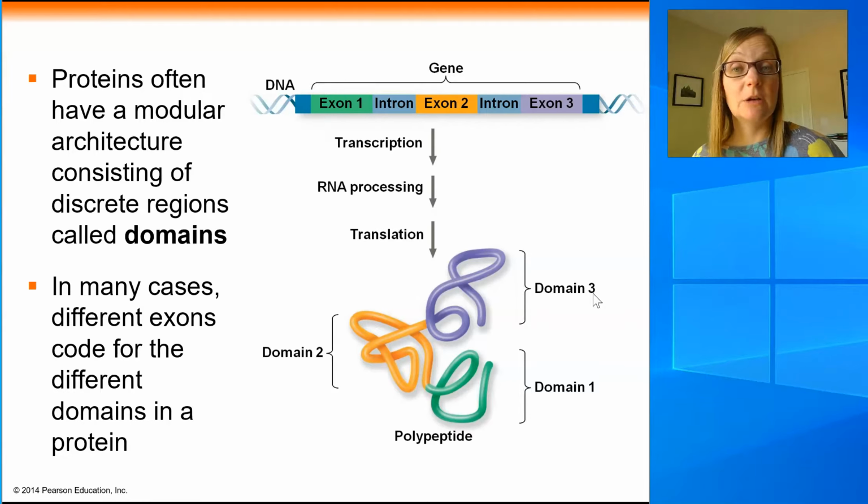What the cell can do is go through alternative splicing, and instead of keeping exon 1, 2, and 3 when it splices its RNA, it can just keep exon 1 and 2 and get rid of exon 3 as if it were an intron. Now you create a slightly different mRNA. You also create a slightly different protein that's missing that third domain that has a different function within the cell. So again, alternative splicing gives cells the ability to create different versions of proteins from just that one single gene by picking and choosing which exons that cell actually wants to keep for translation.